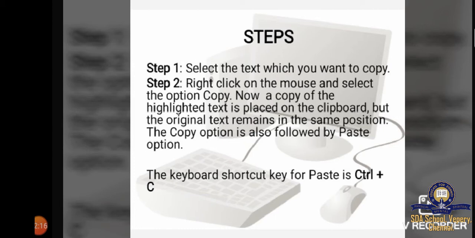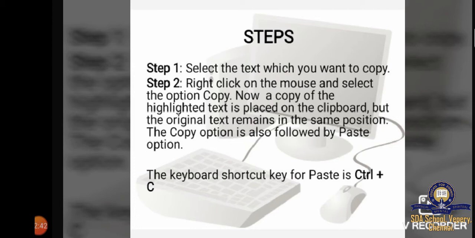Now a copy of the highlighted text is placed on the clipboard, but the original text remains in the same position. The copy option is always followed by the paste option. I repeat, students, select the text which you want to copy first and then right click on the mouse and select the option copy.